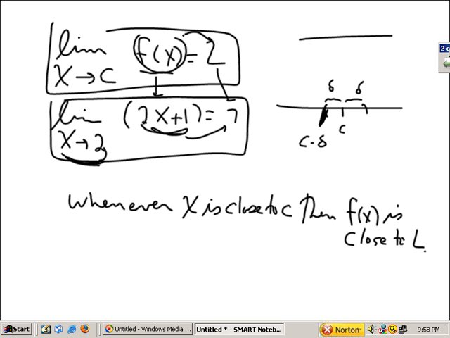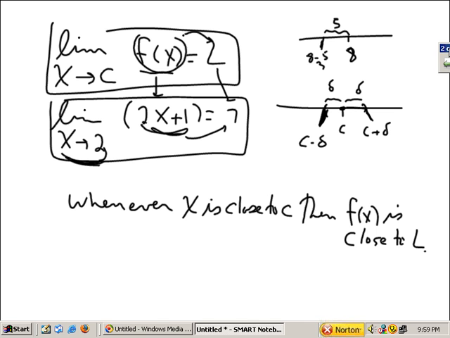For example, if this is 8, and I tell you this distance is 5, it will be whatever 8 minus 5 is, namely 3. Here is c, and I'm going to the right delta, so this will be c plus delta.